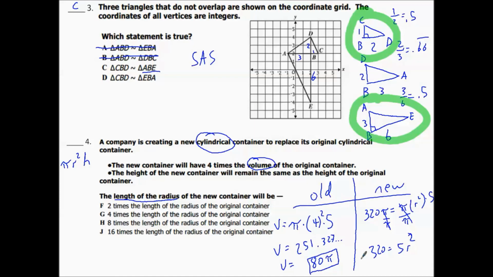You get 64 equals r squared. Square root, you get r equals 8. So our final answer, if our original radius was 4, our final radius is 8. That means the length of the radius of the new container is twice as long as the radius of the old container.